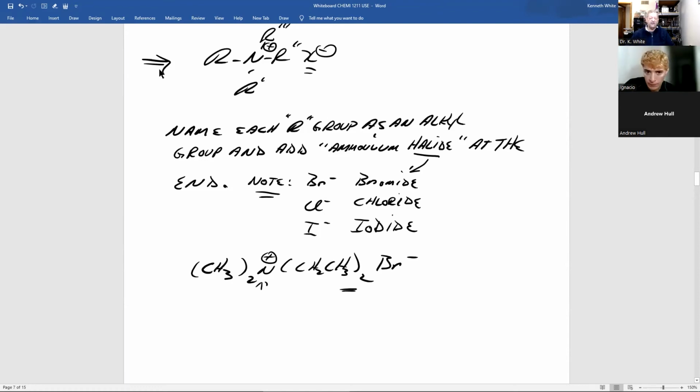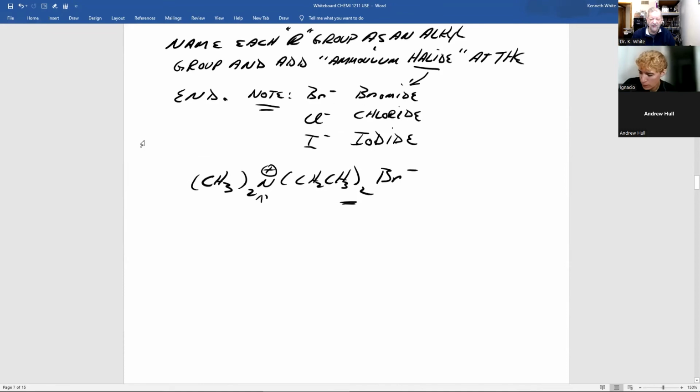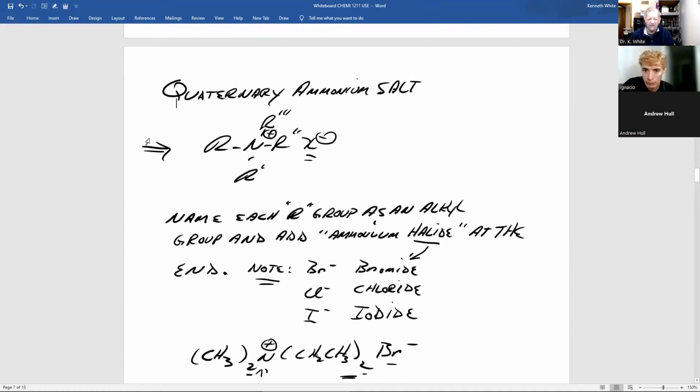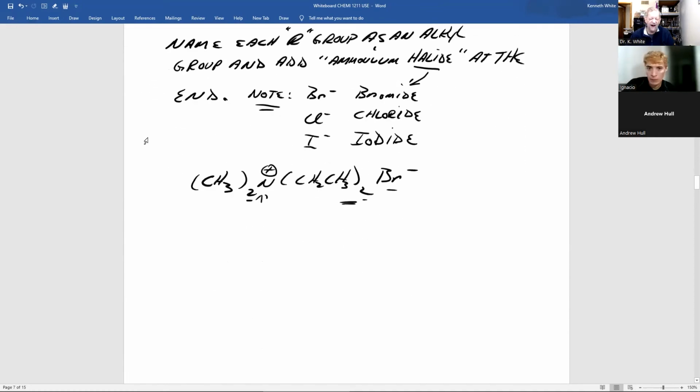And if we look at this, oh, a nitrogen with a plus charge and 4 different groups on it, 2 methyl and 2 ethyl. And that has an anion too. It's a quaternary ammonium salt. And how do we name that? Well, since there's no alphabetical rule, you can start either way.